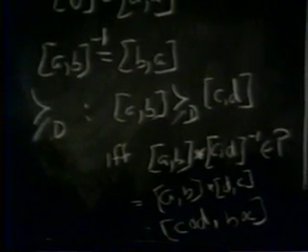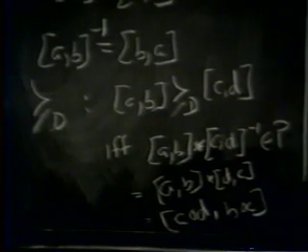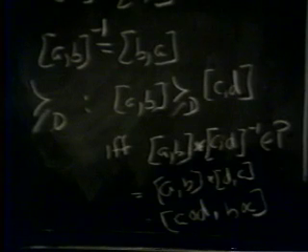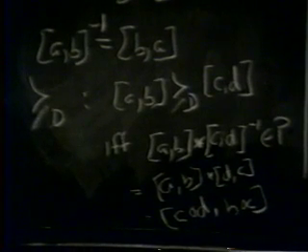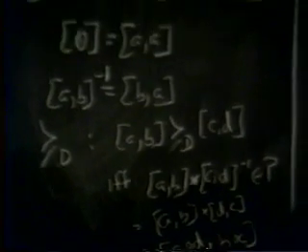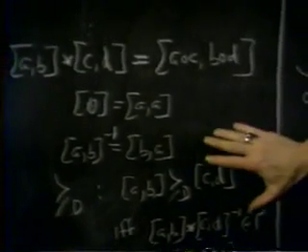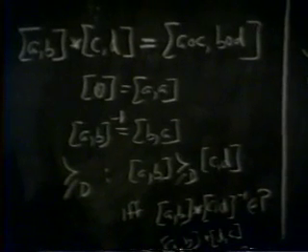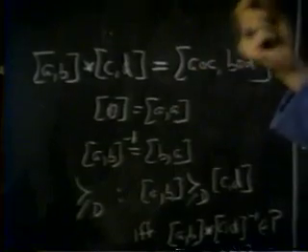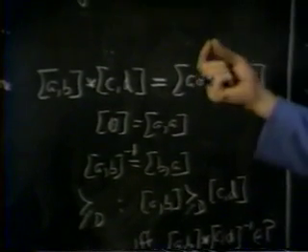Now, there are a number of things that have to be shown about these definitions. The first thing that you always must show in a situation such as this, where we're dealing with equivalence classes, is that all of the concepts are well defined. There's a potential ambiguity here in that there is no unique pair of elements that characterize an equivalence class.